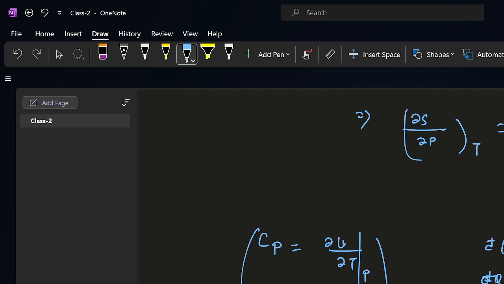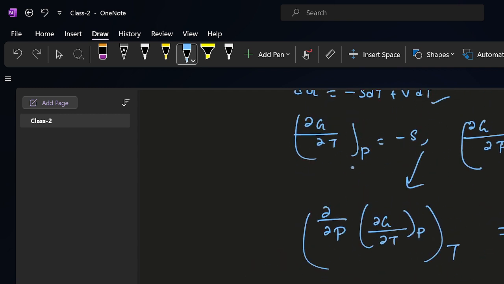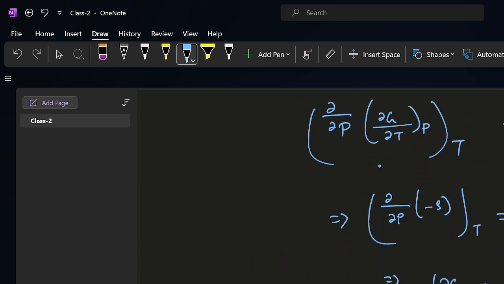So this is equal to TdS, right? So if that is the case, then your T del S del T at P constant is equal to Cp, from these two parts. This and this, equate these two, and you get this one. So just replace this directly on the first term over here.